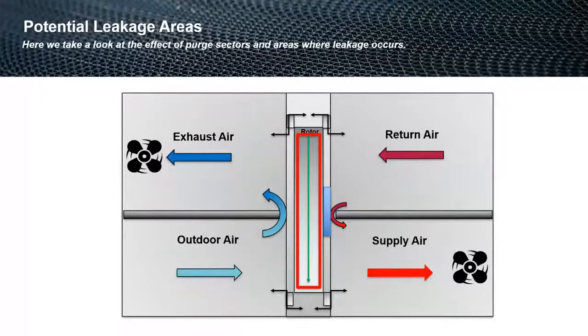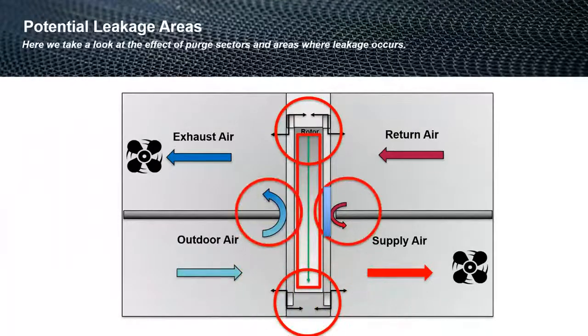So that's a potential area for leakage. Then we have the leakage around the cases, which we aim to eliminate as much as possible through the perimeter sealing of the cases. Then we have the outdoor air correction factor on the left-hand side and the EATR on the right-hand side, which is the exhaust air transfer ratio.